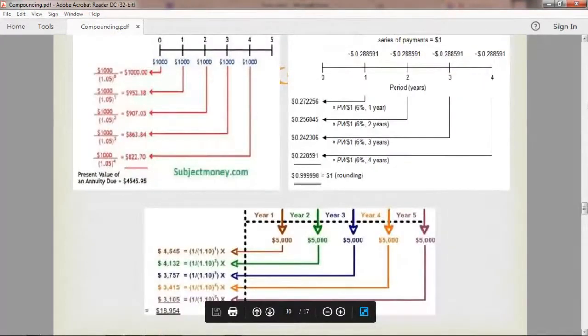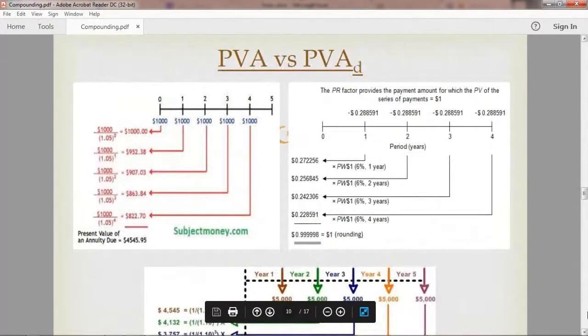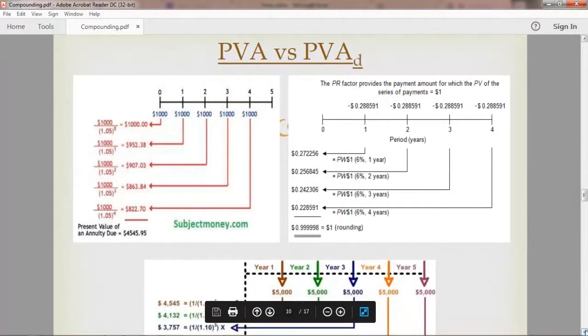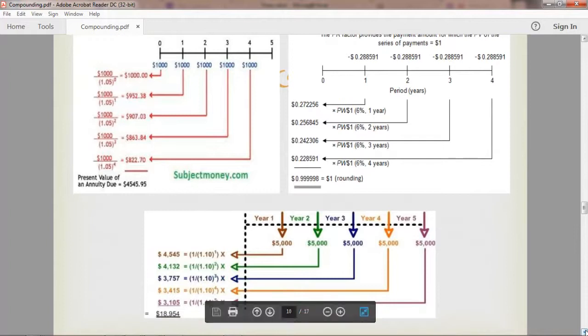In present value of annuities, we just flip our end and want to know the present value of all those future cash flows. This is something a lot of students confuse, because payments are in the future all the time. Cash flows are in the future.